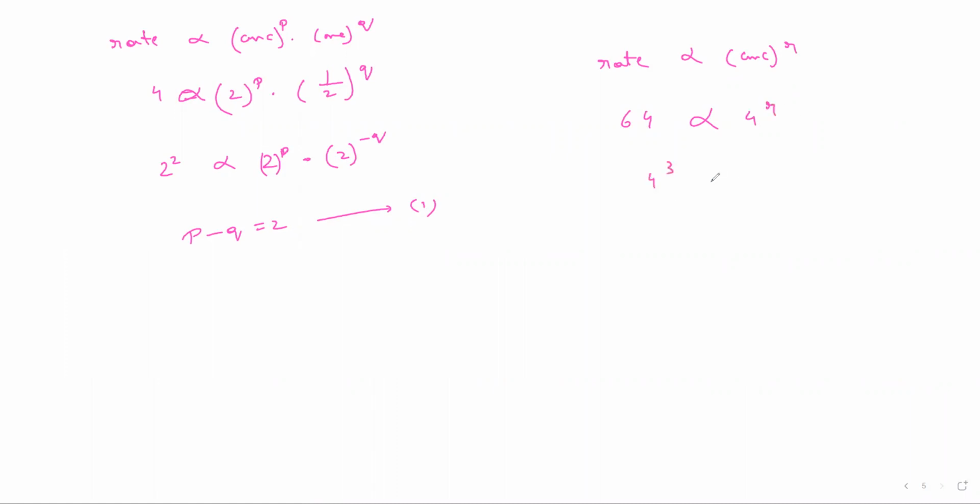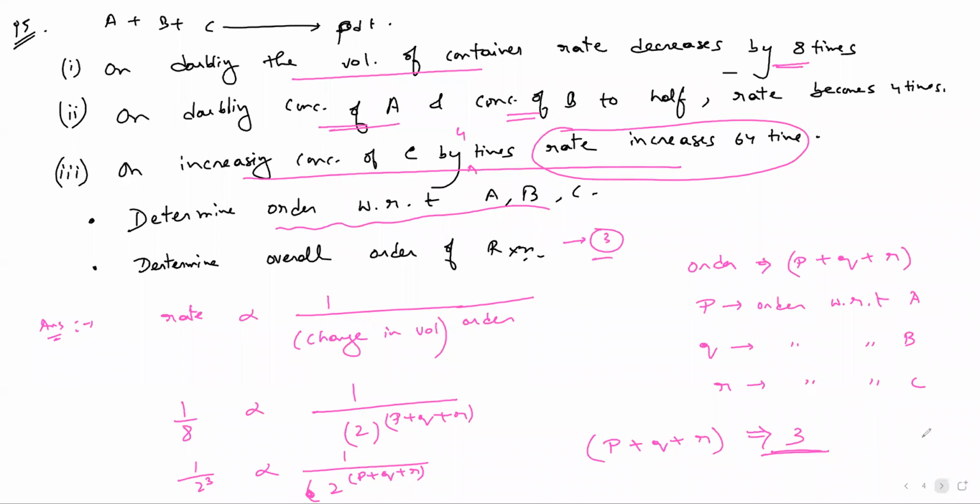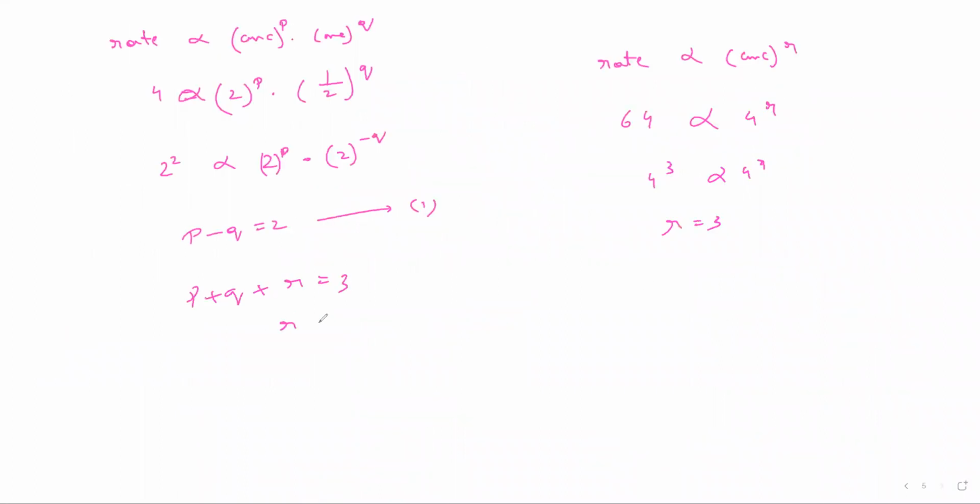So 4 to the power 3 equals 4 to the power R, so R equals 3. Now P plus Q plus R equals 3, where R equals 3, so from here P plus Q equals 0.